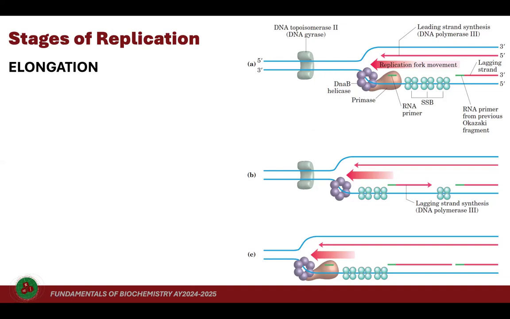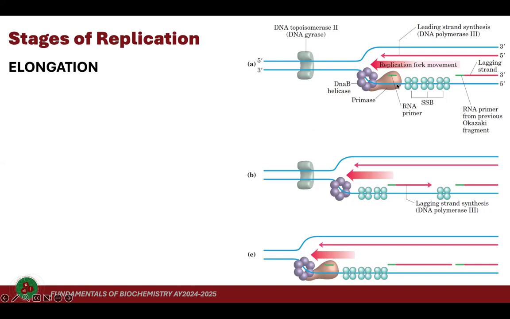So we just basically have the formation of the leading strand and the lagging strand. Okay, please keep in mind the figures that we have here, we are looking at the left replication fork. The story would be a bit different if we are looking at the right replication fork. Okay, so the leading strand here is here, and then the lagging strand is down here.